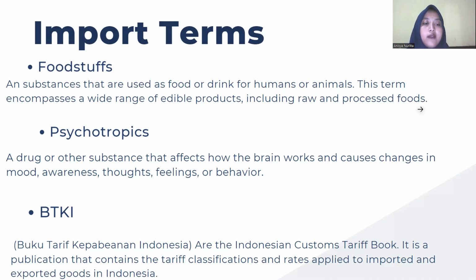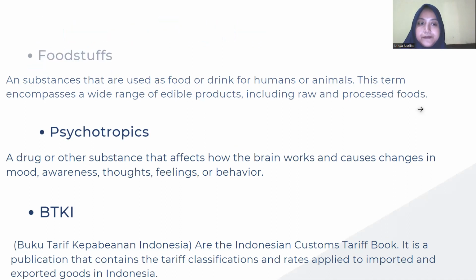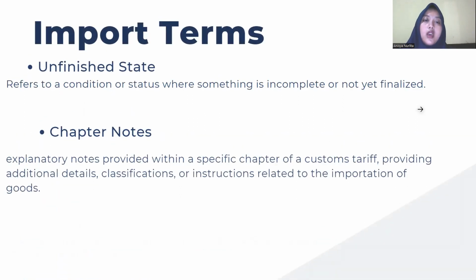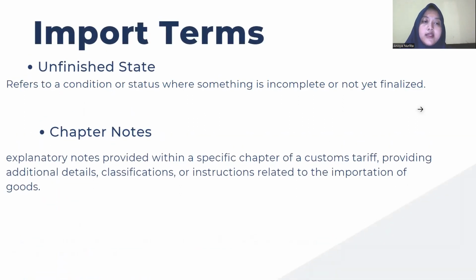And the third one, we have Buku Tarif Kepabeanan Indonesia, or the Indonesian Customs Tariff. It is a publication containing tariff classification and rates applicable to import and export in Indonesia. And then we have unfinished state, which refers to a condition or status where something is incomplete or not yet finalized.